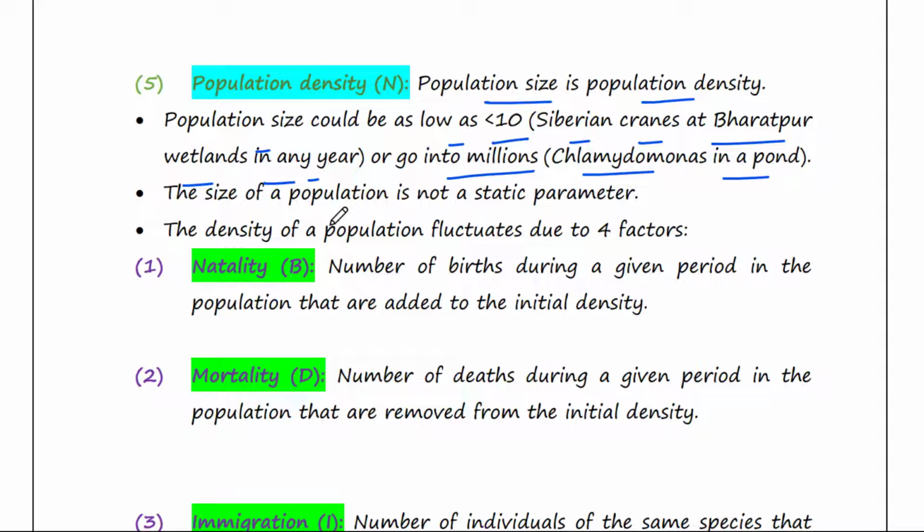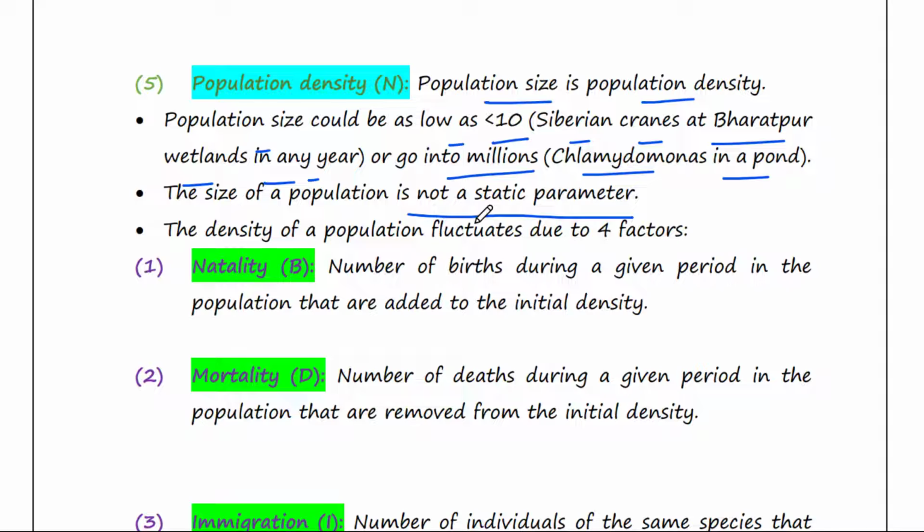And the size of a population for any species is not a static parameter. It keeps changing with time depending on various factors including food availability, predation pressure and adverse weather.